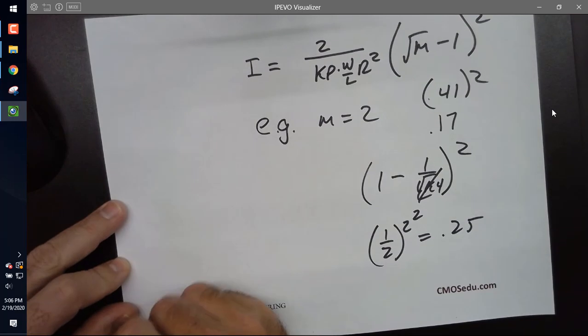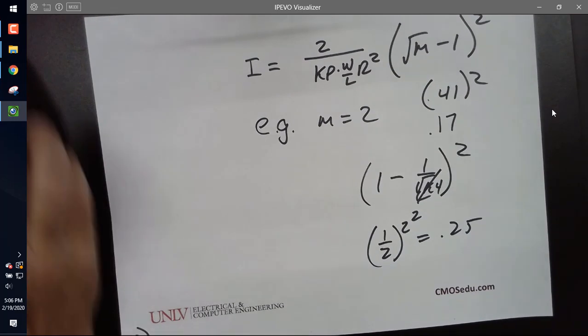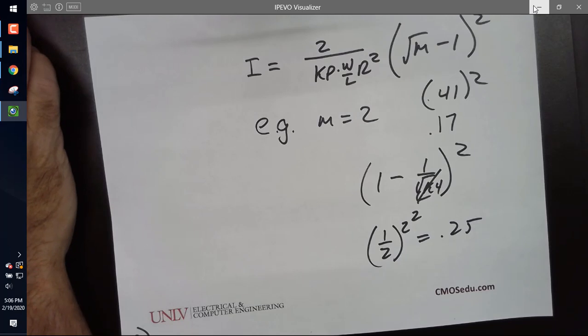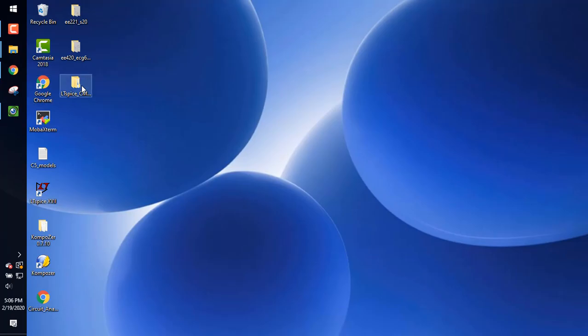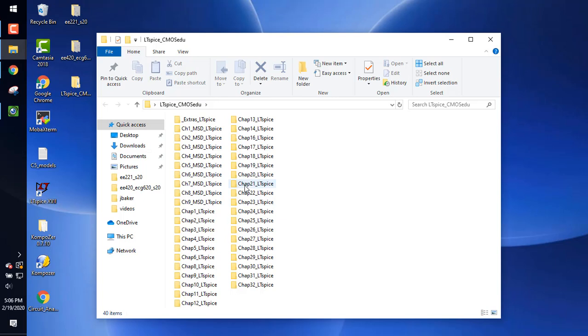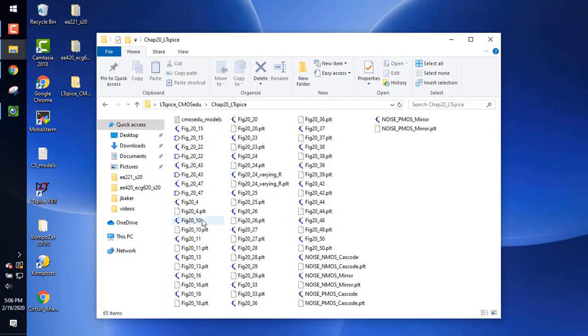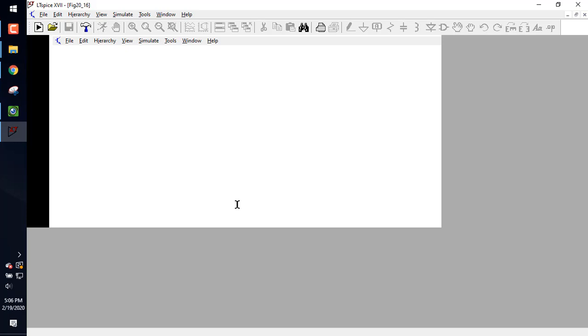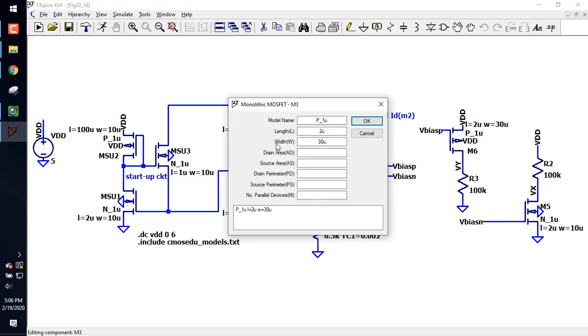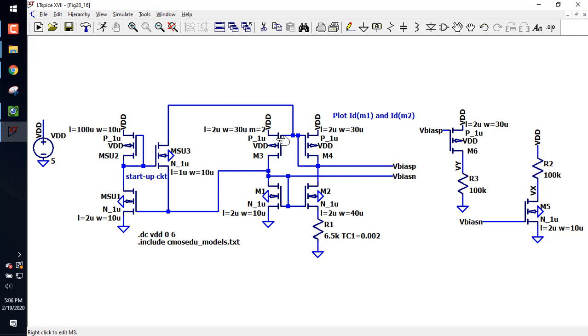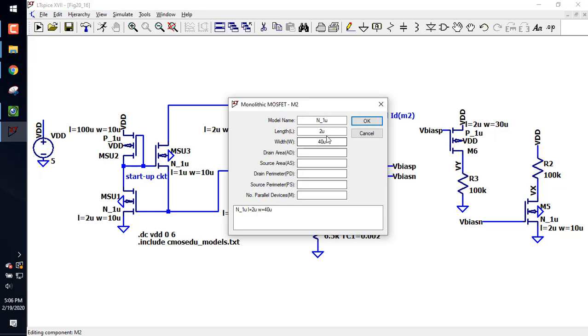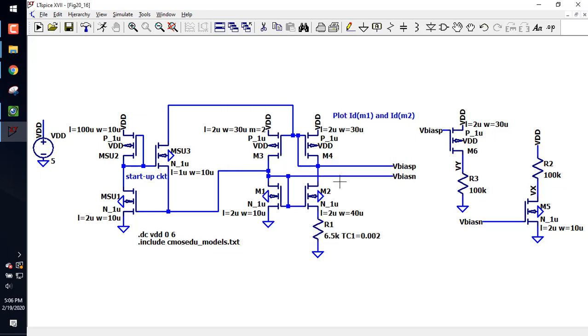So let's pull up the circuit that we just looked at, which was 2016. And let's change this to M equal 2. And let's change this to 10.